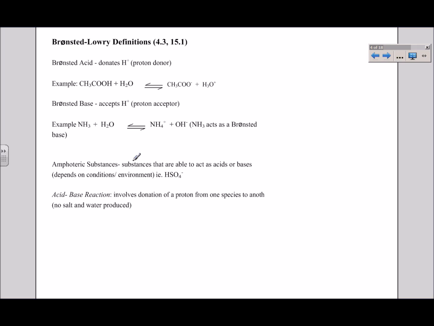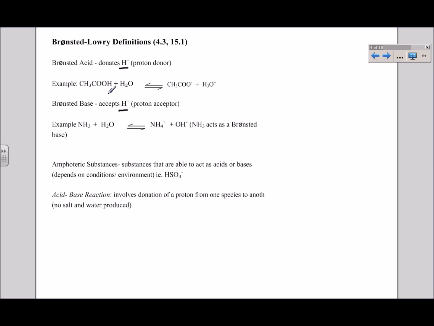By Bronsted-Lowry, an acid is a substance that donates protons, so it donates H pluses. And a base is a substance that accepts H pluses. Now what you're going to find is that the acids and bases that fit this definition best are organic molecules. So this formula might look familiar to you.